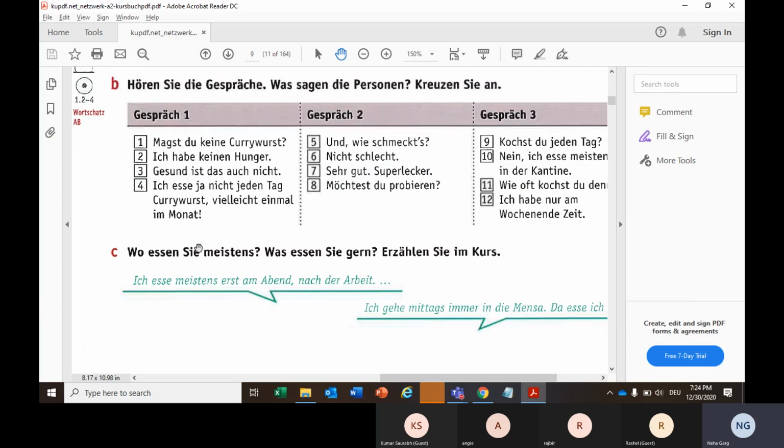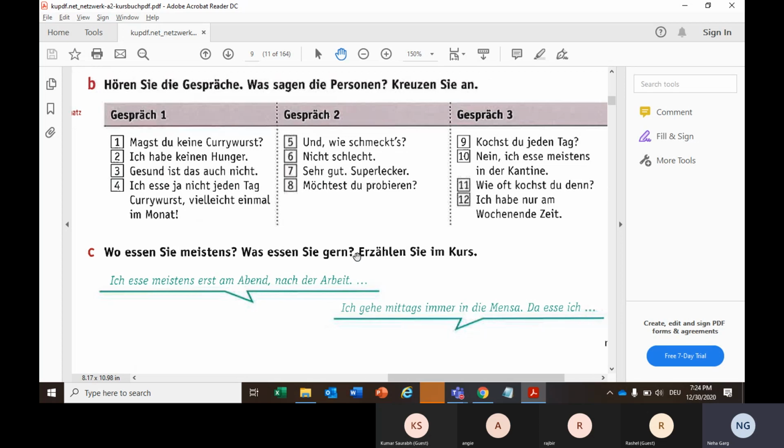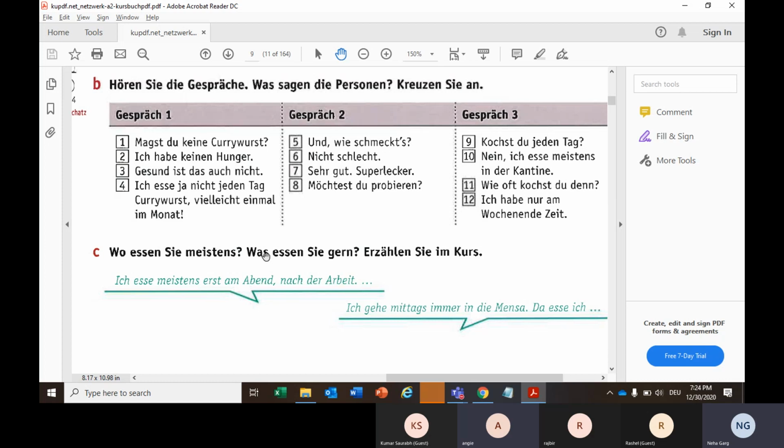Angie, wo essen Sie meistens und was essen Sie gern? Meistens is mostly. So, wo essen Sie meistens? Where do you eat mostly?